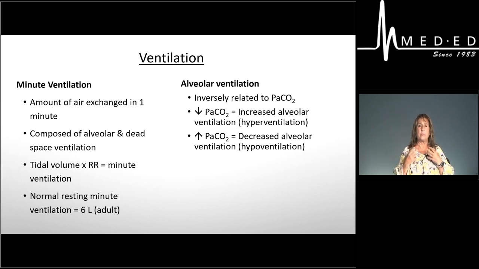If I'm breathing really, really fast, then I am going to be exhaling a lot more CO2. So the PaCO2 level is going to go down. So inversely related, if the PaCO2 is down, that means I'm breathing fast. If the PaCO2 level is high, that means I'm probably not breathing as fast as I should. So inverse relationship again, I'm hypoventilating.